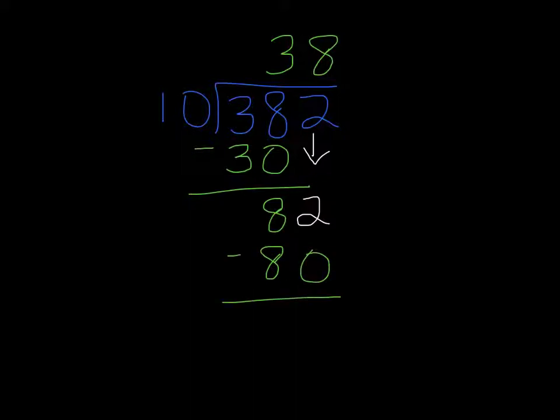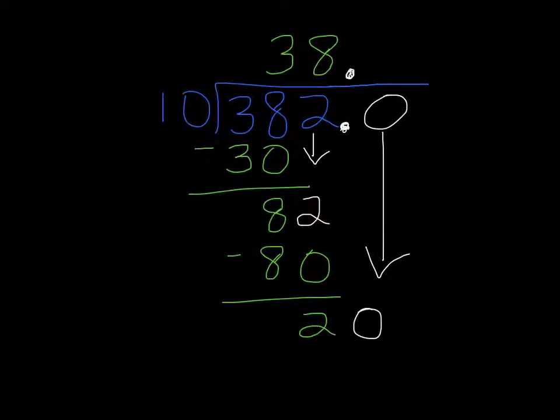Again, if we subtract, now we're left with our remainder down here, but we're going to write it as a decimal again. I'm going to extend that out a little bit, add my decimal point down here, bring it straight up, add my 0, and bring down. Now we have, how many times does 10 go into 20?